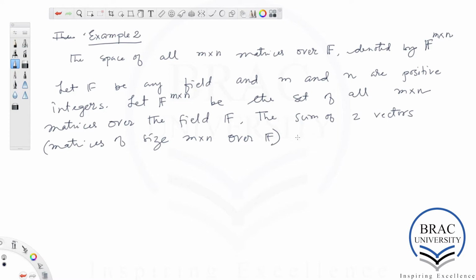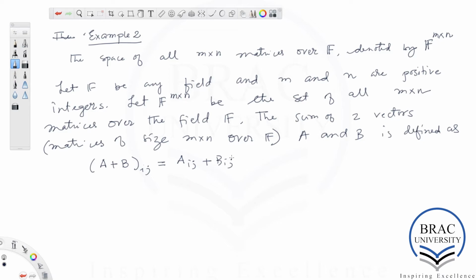okay? So that the sum of any two vectors A and B is defined as, okay, A is an m times n matrix, B is also an m times n matrix. So the ijth component of the addition of these two matrices is defined as the sum of the ijth entry of the constituent matrices.